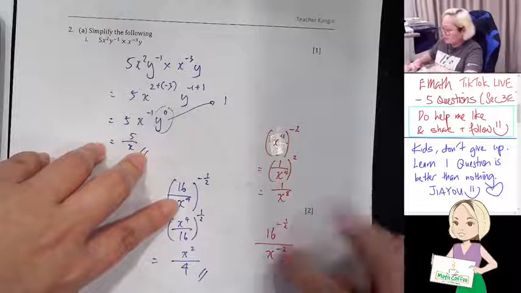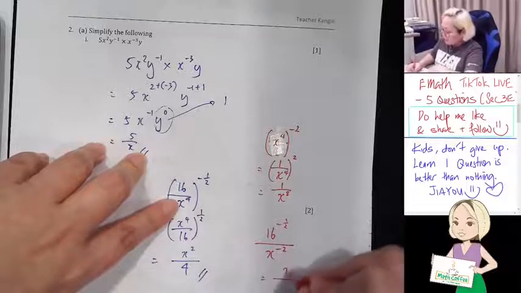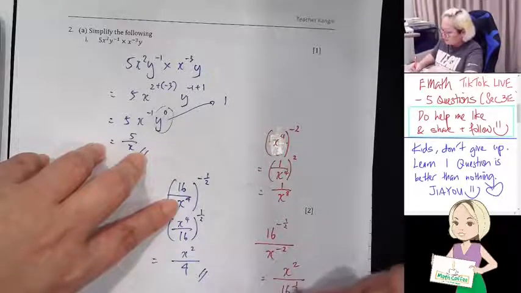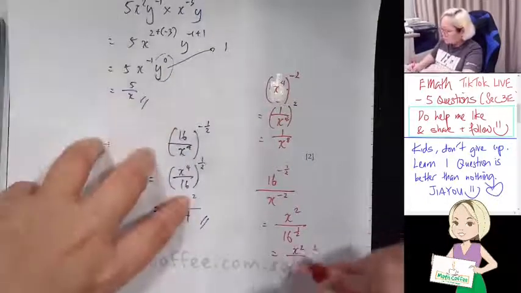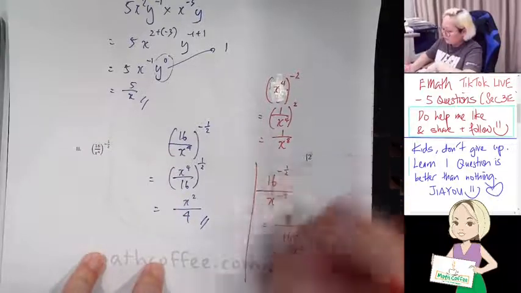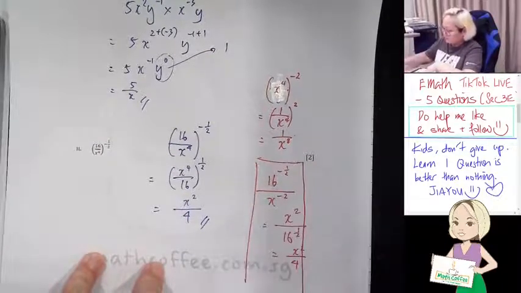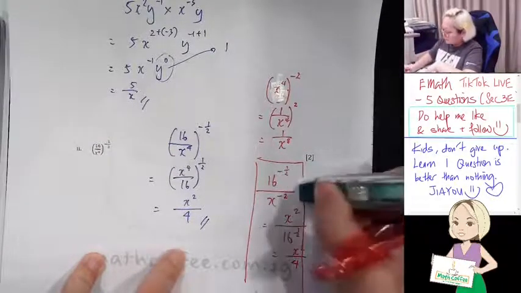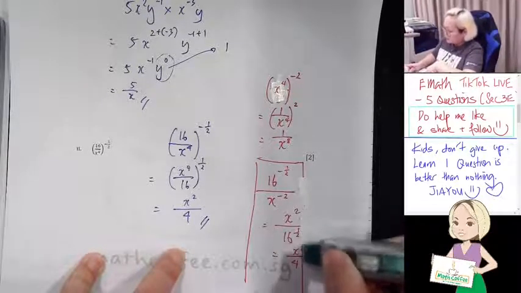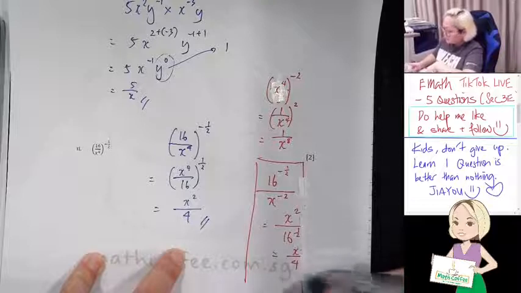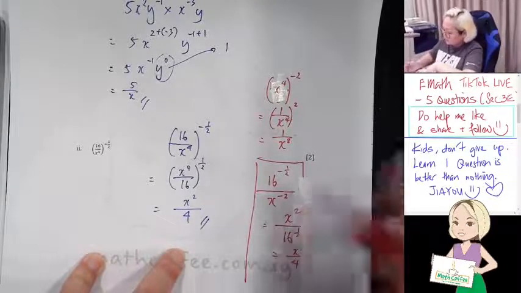So negative, negative, you swap them, it become x squared go up and 16 to the power of half go down. And 16 to the power of half is square root, so it's x squared over 4. So this is another method, but I find this troublesome, you see. So whenever my power is negative and my inside is a fraction, what I do is I just flip it. Okay, I just flip it.